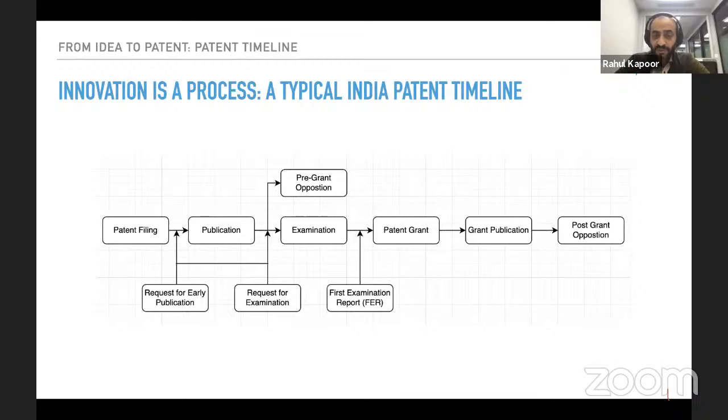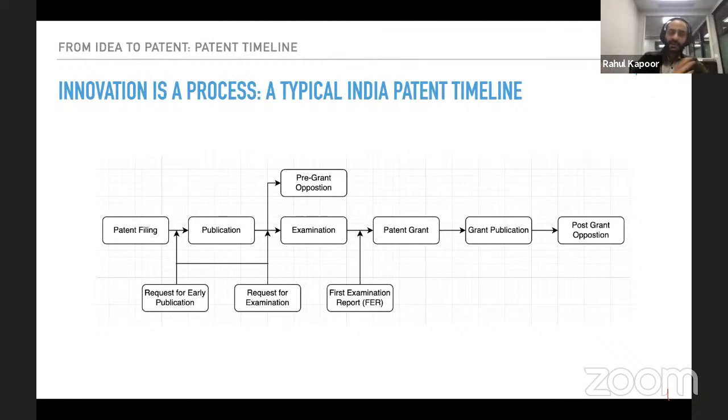In the Indian Patent Office, a patent is not automatically examined. You have to file a request for examination. That is a form you have to file within 48 months of your patent filing. So 4 years after filing, you have time to submit a request for examination.